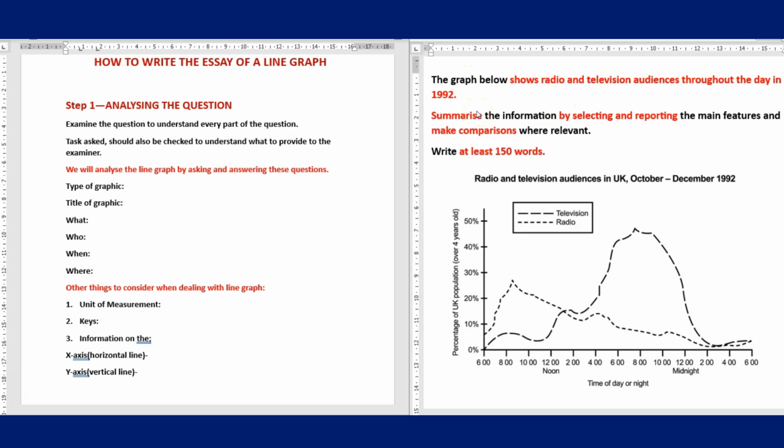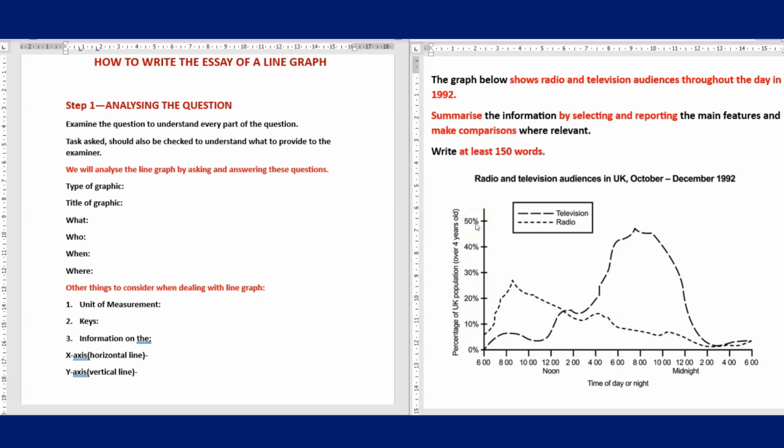It doesn't show any unit of measurement, but when we look at this side, when you look at the y-axis, that is the vertical line, you can see that it's talking about percentage here. So 0%, 10%, 20%, 30%, 40% and 50%.